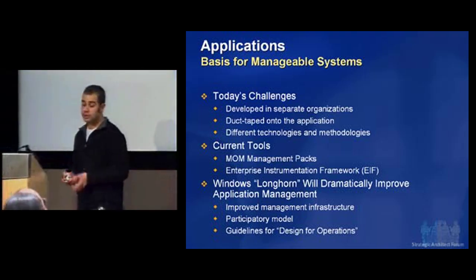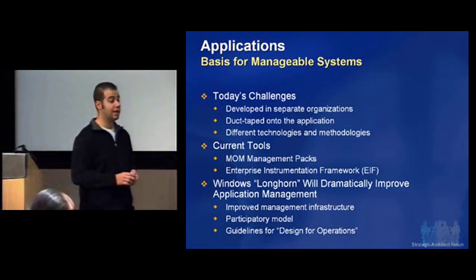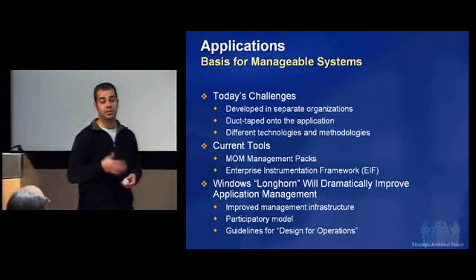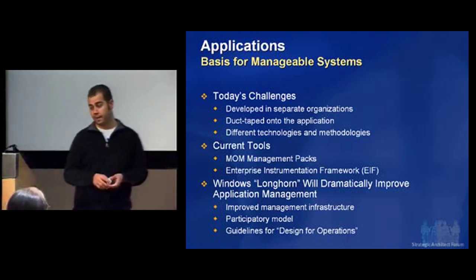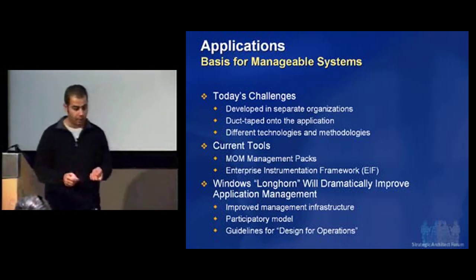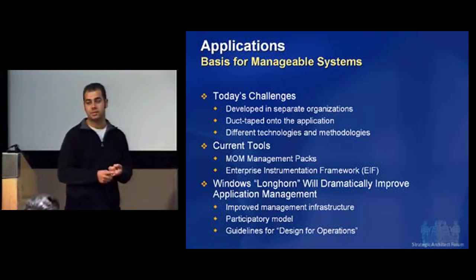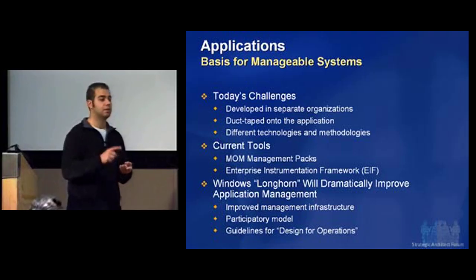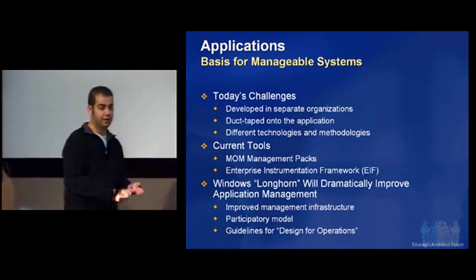And in Windows, in the Longhorn release, we're thinking how to dramatically improve exposing management, or building better managed applications. There are 3 parts to our approach. One is we're improving the infrastructure. So there'll be dramatically improved infrastructure in terms of events and instrumentation in general, tasks and settings and configuration.